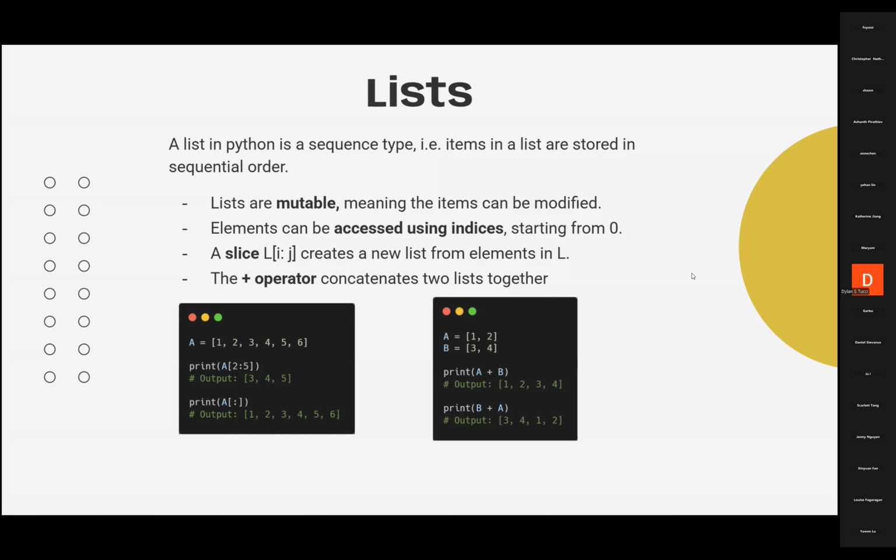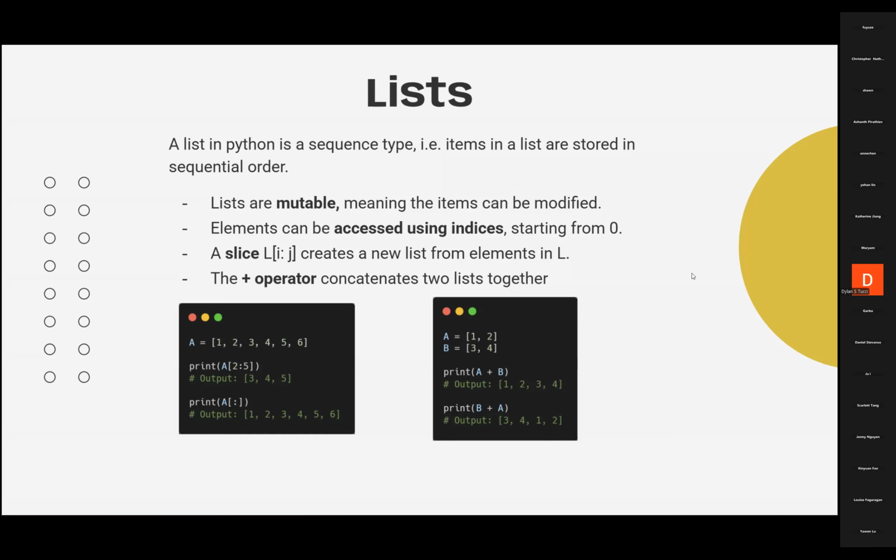For example, L[0:3] creates a new list of L[0], L[1], and L[2], but without L[3], because j is open instead of closed. It's like smaller than, but not equal to.